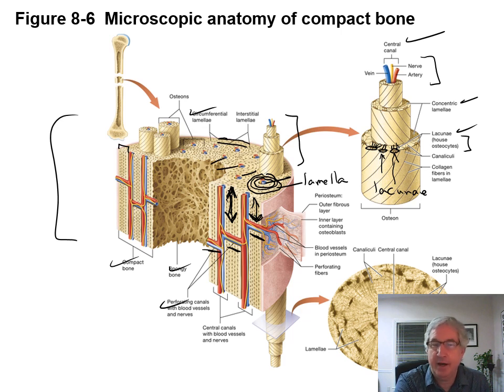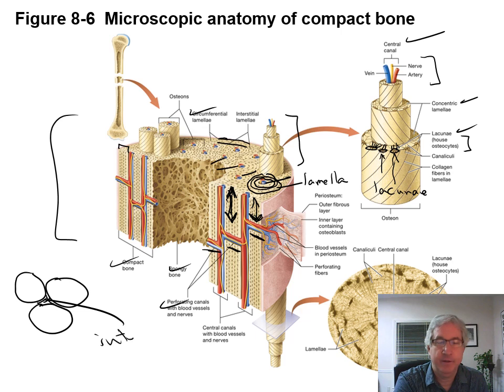And then between the osteons, because you have these round things, put a bunch of round things next to each other, right? I'll draw it on here. Okay, there's still space between them. So you fill that with what's called interstitial lamellae.